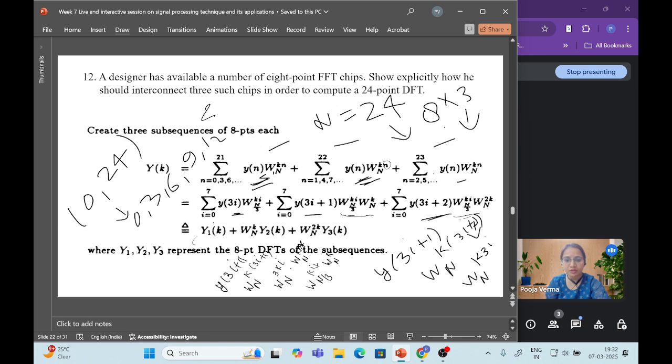So this way we can solve this problem. They have asked explicitly how he should interconnect three such chips in order to compute. So this way they can interconnect by this equation. So Y1, Y2, Y3 represent the 8-point DFTs of the subsequences, and these are the phase factors in Y2 and Y3.